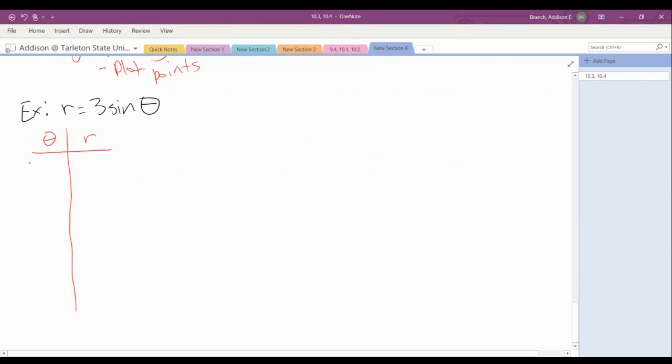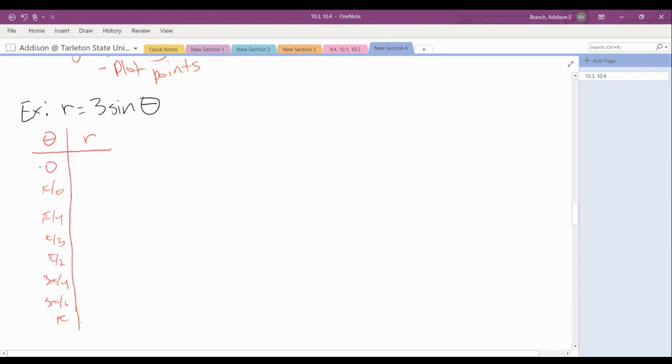Let's put in a few points: 0, pi over 6, pi over 4, pi over 3, pi over 2, 3 pi over 4, 5 pi over 6, pi. Let's start off with that for right now. You can always plot more.